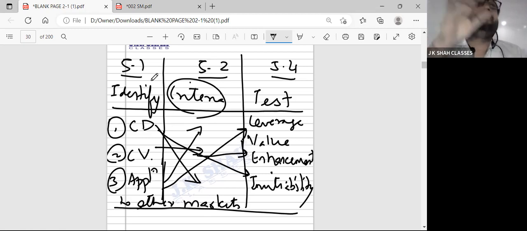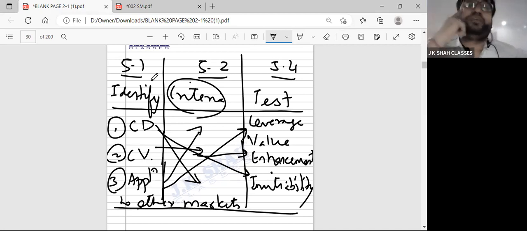Five point four is what are the tests to prove core competence? Leverage test, value enhancement test, imitability test. Even if you have not understood this, the presentation part, you will understand this once we start discussing. You understood the explanation, right?